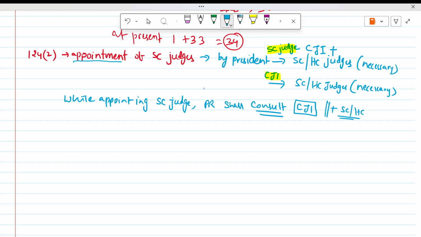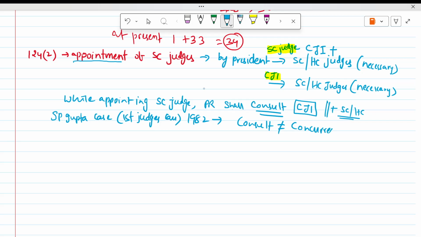So in the first Judges case, we call this the SP Gupta case, 1982, here consultation is not equal to concurrence. It means the President can ask the CJI, for example, should I appoint A?